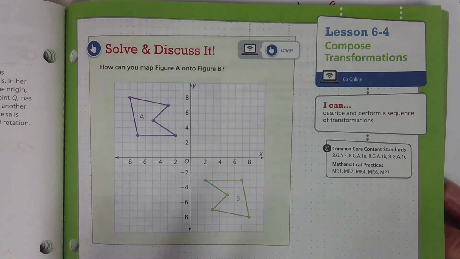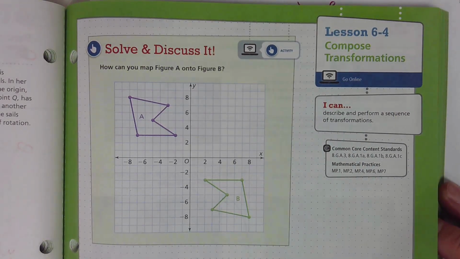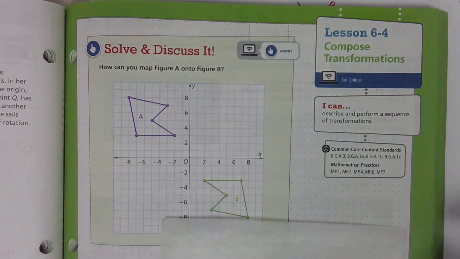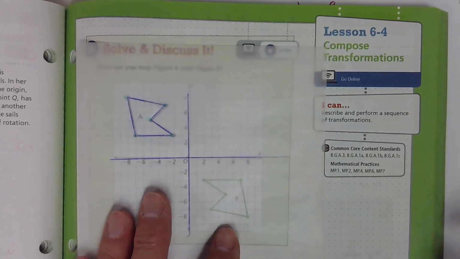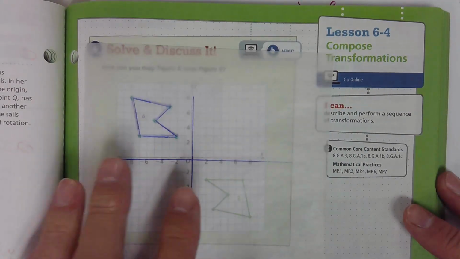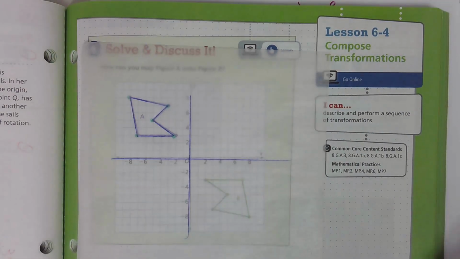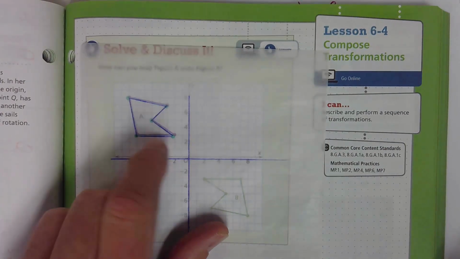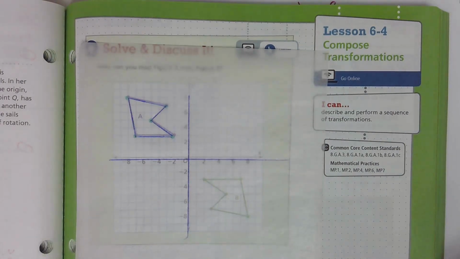And often there's more than one right answer. But look at this one right here. I grabbed some graphing paper and graphed figure A here. Anybody have an idea how you could map A to B?